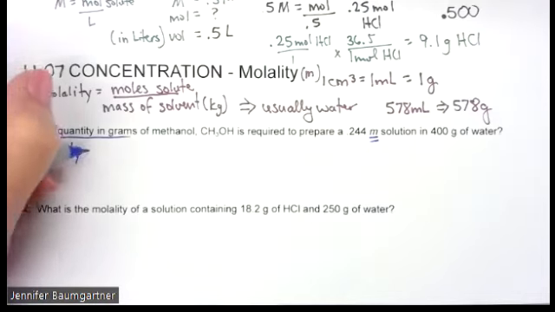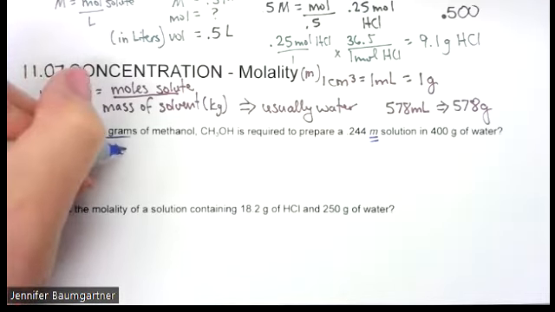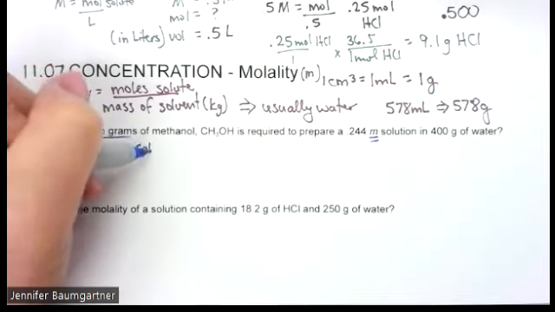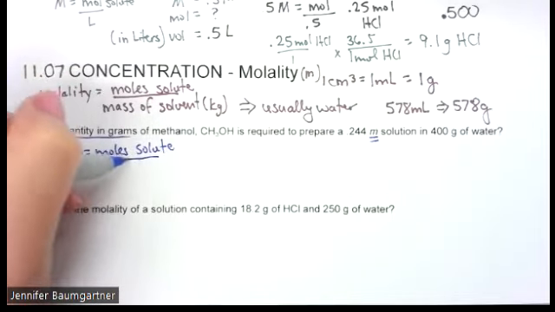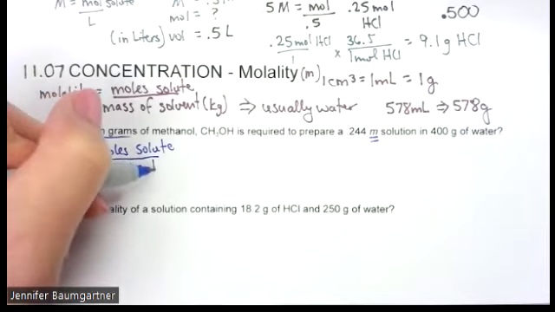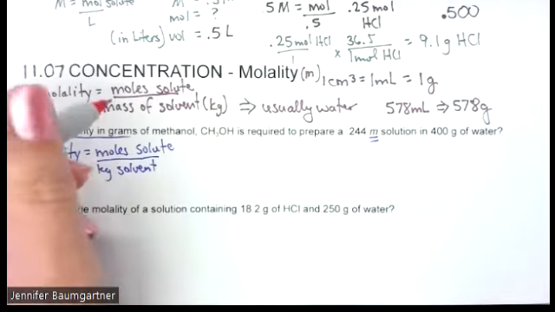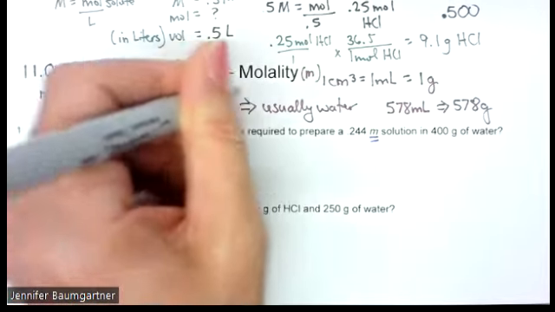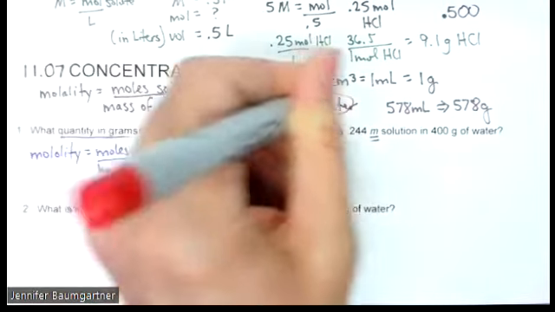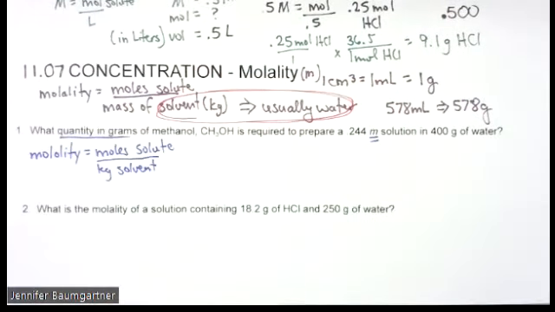Molality is moles, and right now I'm going to write it out long form, kilograms of solvent. One of the things that students have trouble with is remembering what's your solvent and what's your solute. Our solvent is usually water. So if you see water, okay, that's probably going to be my solvent.